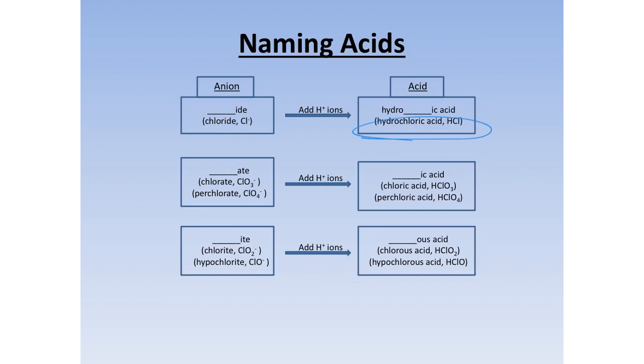Then if you have an anion that ends in ate, like nitrate, it becomes nitric acid. So it just becomes blank ic acid. So chlorate, chloric acid. If you have a polyatomic that ends in ite, like chlorite, it changes to ous and you add in the word acid, so chlorous acid.